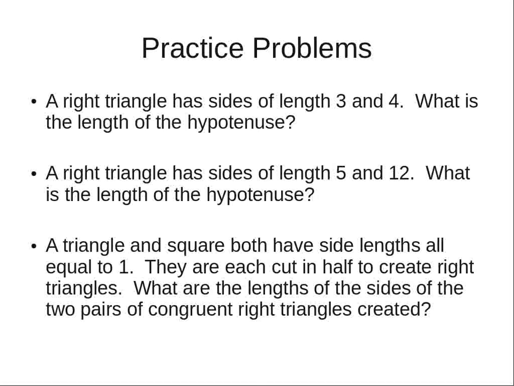A triangle and a square both have side lengths all equal to 1. They are cut in half to create right triangles. What are the lengths of the sides of the two pairs of congruent right triangles created? Okay, so stop the video and try to answer these questions if you can.